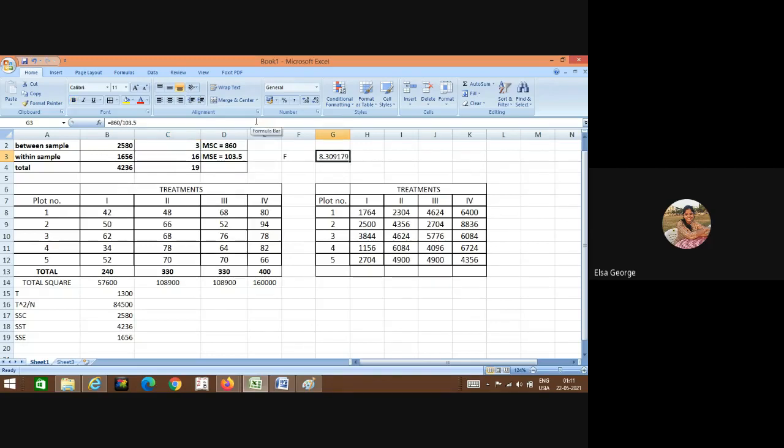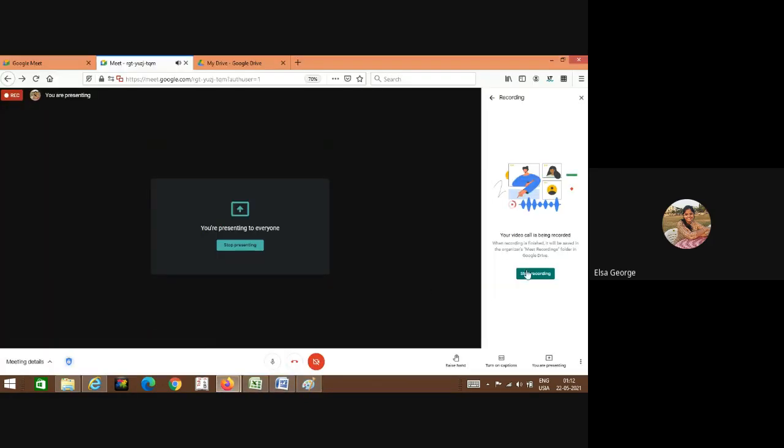Then go for the degree of freedom, that is k minus 1, comma n minus k. At that degree of freedom, find out your table value. Then compare the values. If your test statistic is lower, you can accept the null hypothesis. And if your test statistic is higher than your table value, then reject your null hypothesis. Okay, so that's all. Thank you.